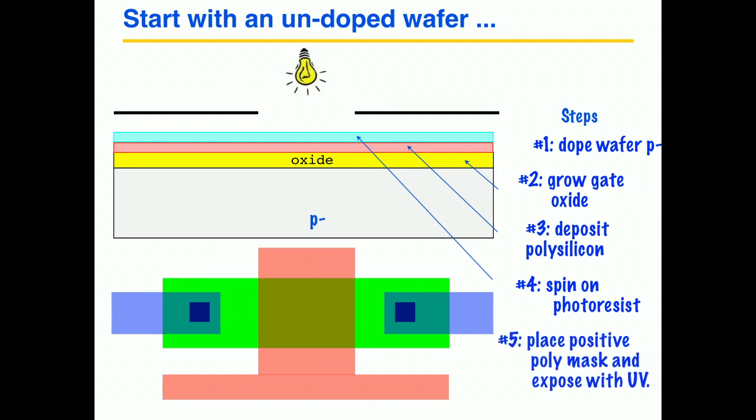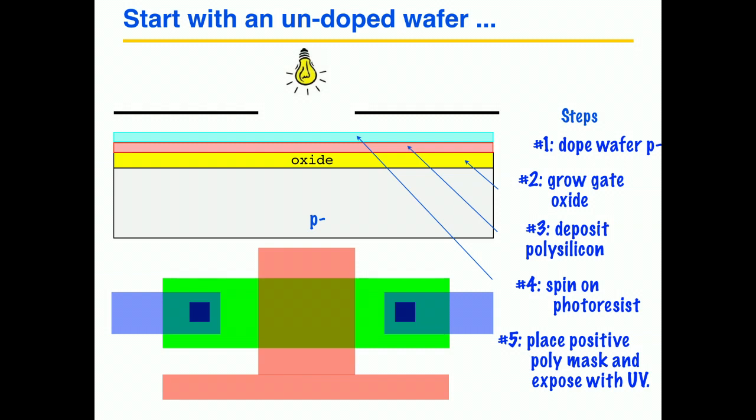Okay. Then we use the mask for the polysilicon here. The polysilicon mask is placed in position, and there's a light source which is used to shine light through the holes. In this case, it's a hole. There's a mask that has holes in it where we'd like this polysilicon to be. Where we want it not to be, it blocks the light.